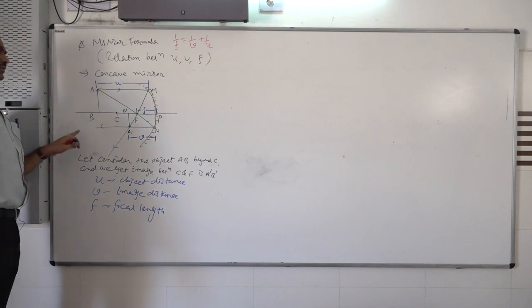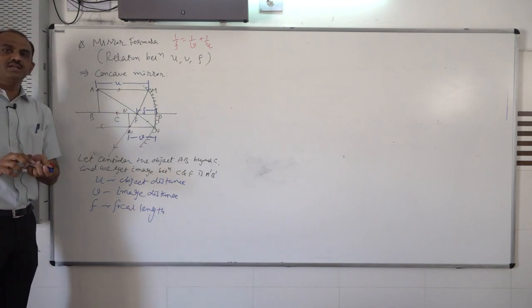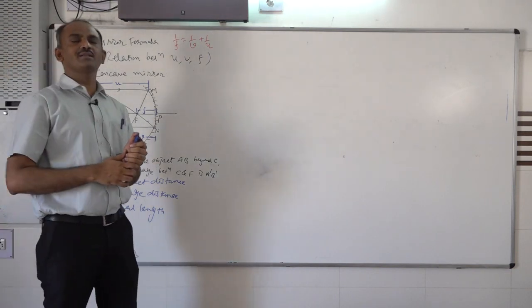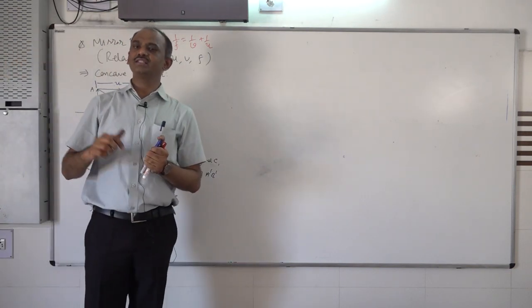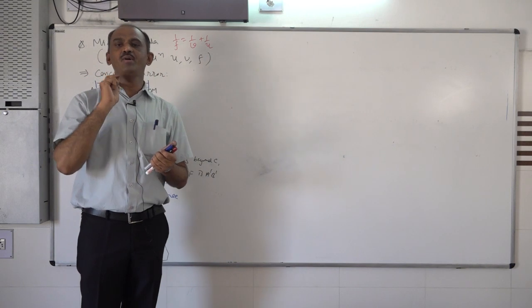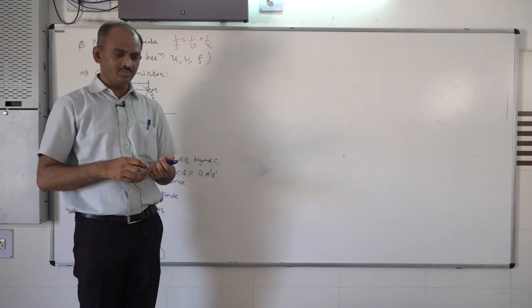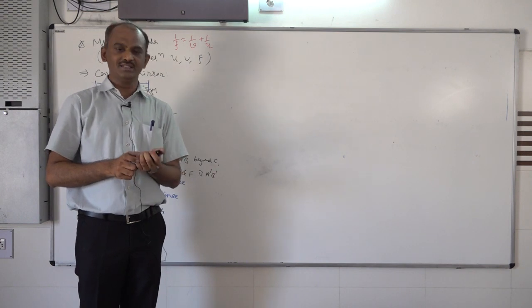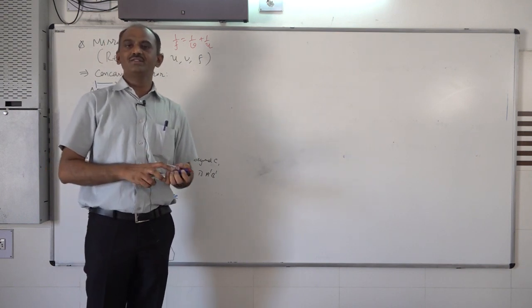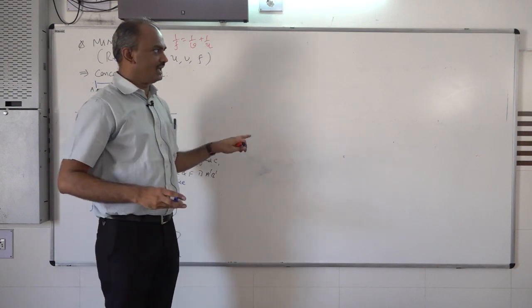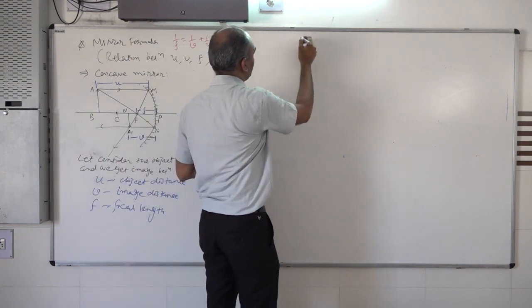Now we have to derive the relationship between U, V and F. There are many methods to derive the relationship with the help of a mathematical tool. The mathematical tool used for the derivation of this mirror formula is the concept of similarity of triangles. So what is the concept of similarity of triangles?